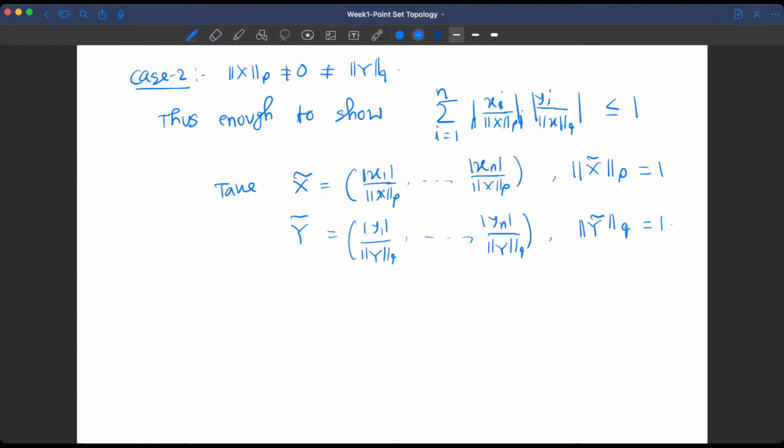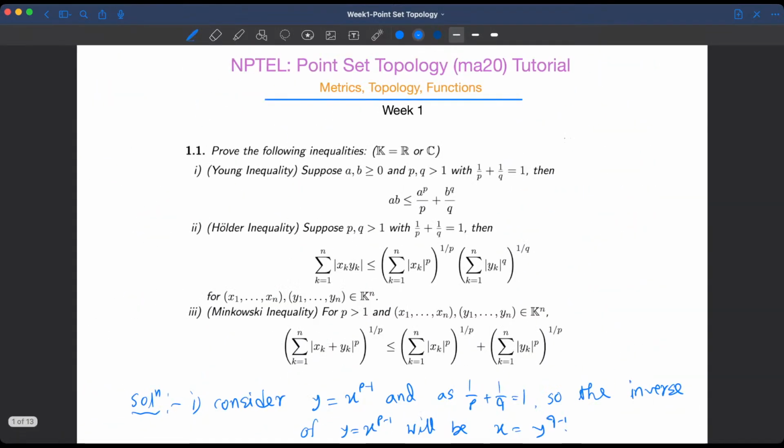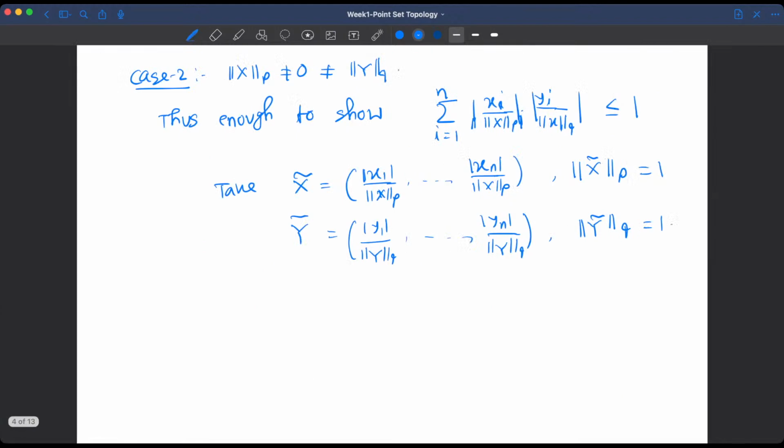Now I'm asking, can you use Young's inequality here? Yes, sir. So here I can use it, because I assume this is non-zero. So mod of xi by norm x_p and yi by norm y_q are positive numbers, because I assume them to be non-zero.